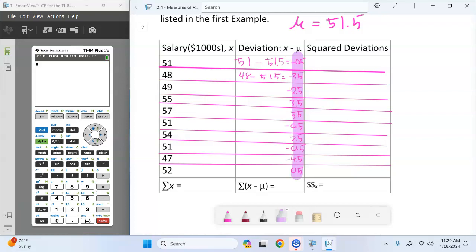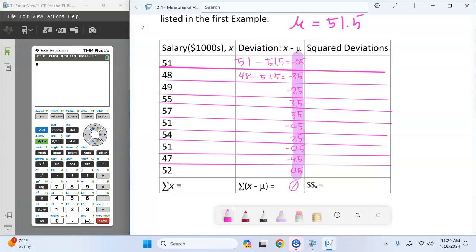Anyone else get 0? That's right, it's 0. The sum of our deviations will always be 0 because it's based off the mean, and we're trying to find how far apart every data value is. If it's not 0, then it's not your mean. You'll have the same amount of variation above as you will below your mean, otherwise your mean is not in the center.